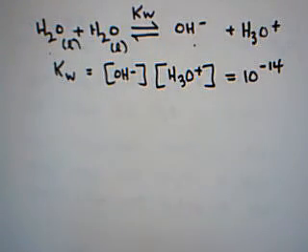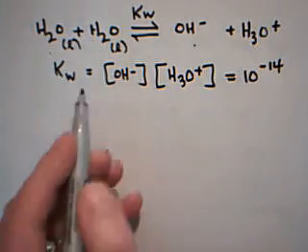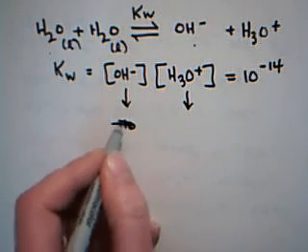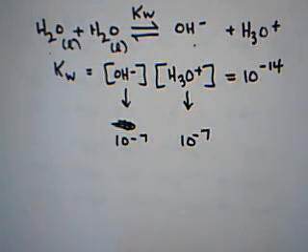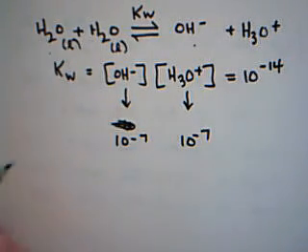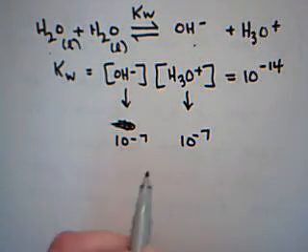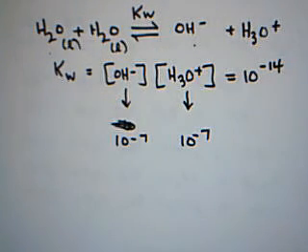And we know that these are equal to each other, and so this is why this is 10 to the minus 7 molar, and this is 10 to the minus 7 molar, and therefore the pH of pure water is 7, and the pOH of pure water is 7. 7 plus 7 is 14, so it's really like taking the negative log of this whole equation. Okay, that's it for that number 4. We'll move on to the next one.